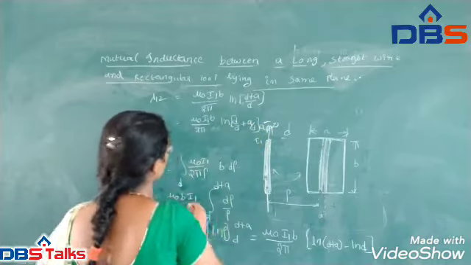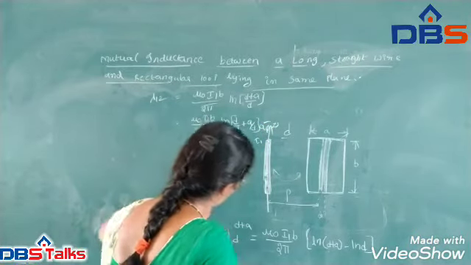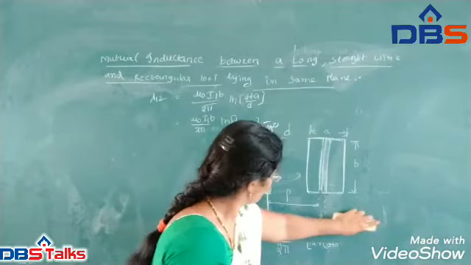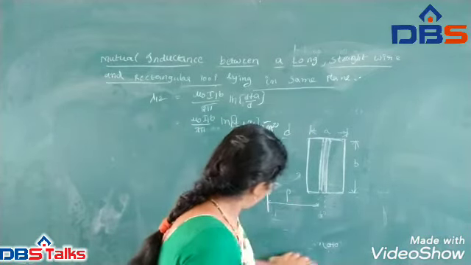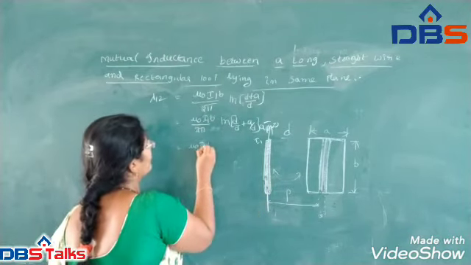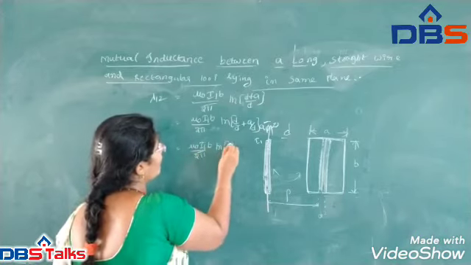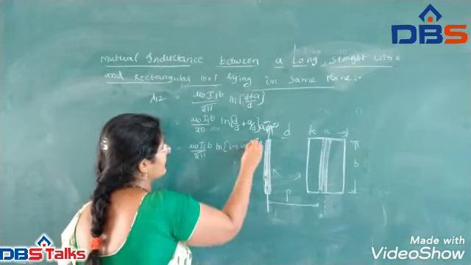So this becomes mu naught I1 b divided by 2 pi times ln of 1 plus a by d.